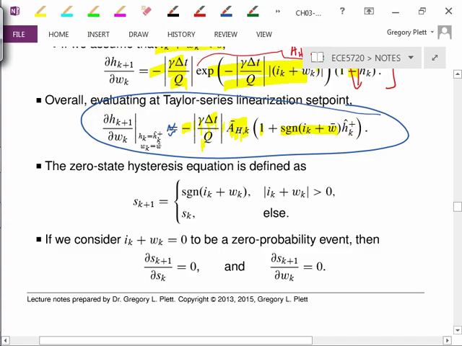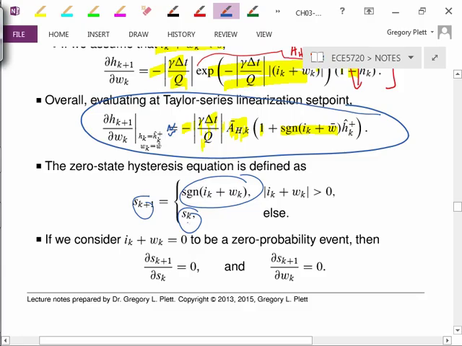Couple more equations to consider. One of them is the zero-state hysteresis or instantaneous hysteresis in the model. And this hysteresis state says if the current that I measure is not negligible, then I assign s_k to be the sign of what I measure. Otherwise, I keep the previous version.